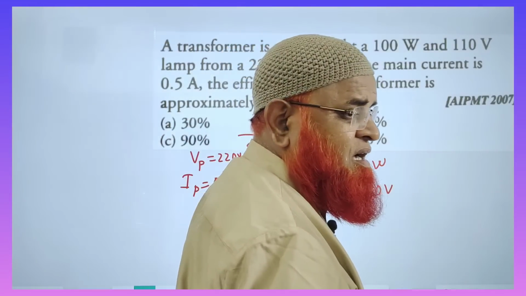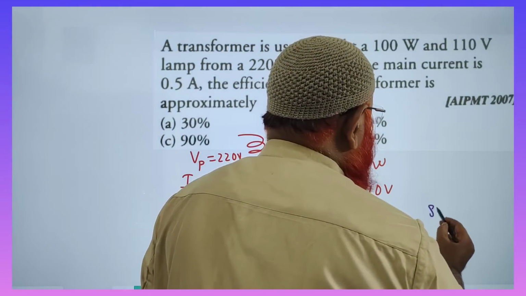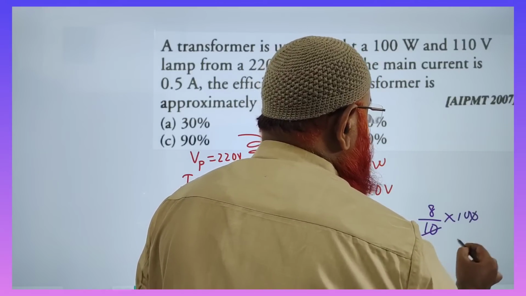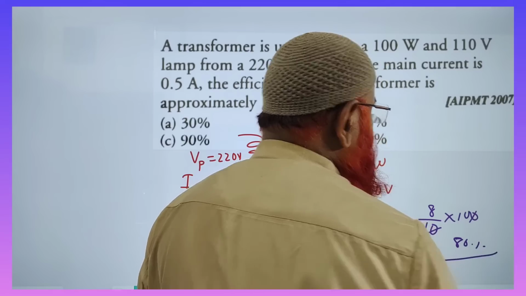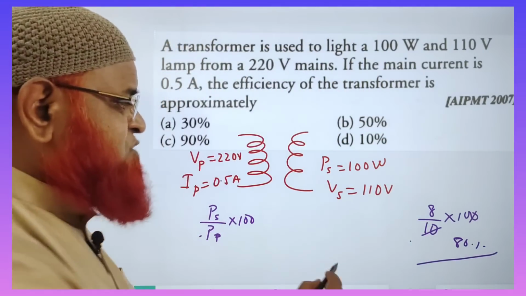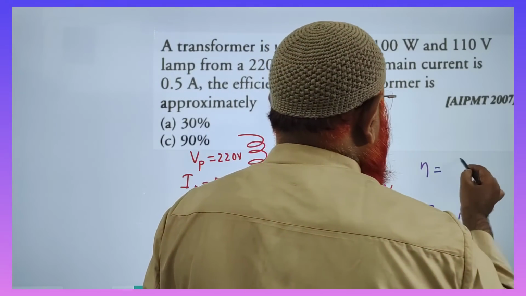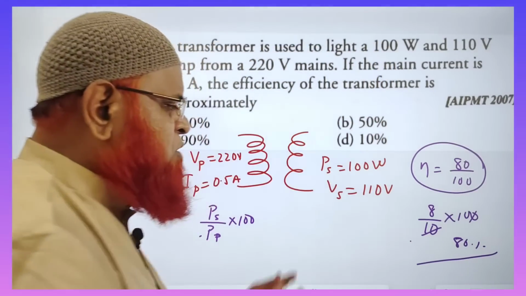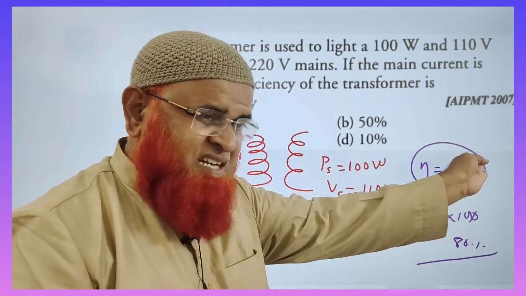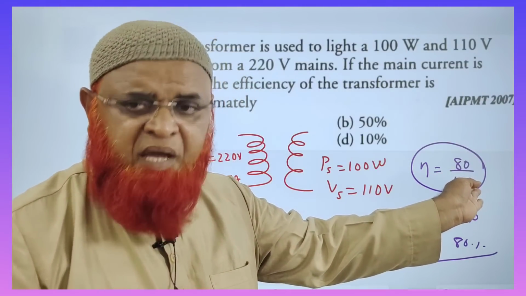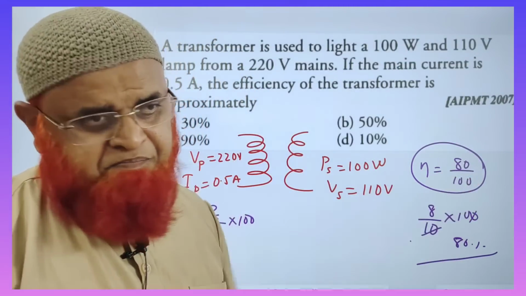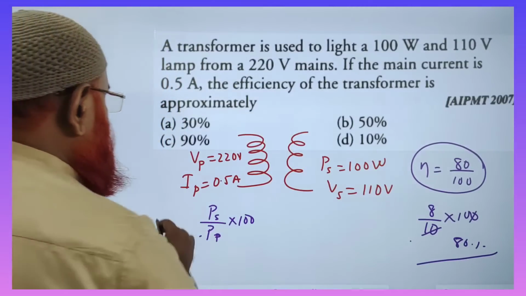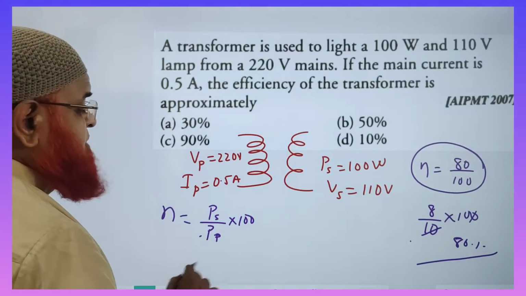So what is the percentage? 8 questions attempted, 10 questions explained, into 100. So your marks are 80%. Did you understand what I am telling you? So that is called your efficiency. तुम्हारी efficiency क्या है? 80%. 80 by 100 तुम्हारा efficiency है. So how will you get efficiency? Output presented by you and input given by me. That ratio is said to be efficiency. Understood or not? So efficiency you want to find out: power at the secondary by power at the primary into 100.